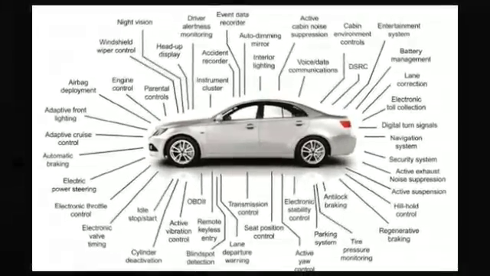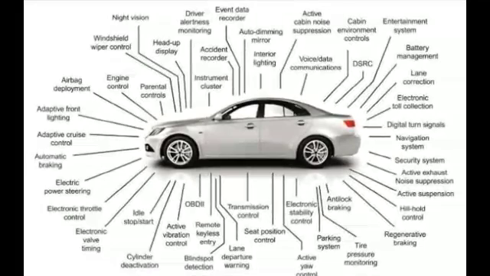So a latest high-end car is full of electronics. Of the money you spend to buy a car, almost 60 to 70% of the amount we are paying is for the electronics rather than the mechanical parts, right? You can search online also, you will get much more detail about all these electronic parts. Here, just for your information, I've shown a few of them. Please try to explore some more.